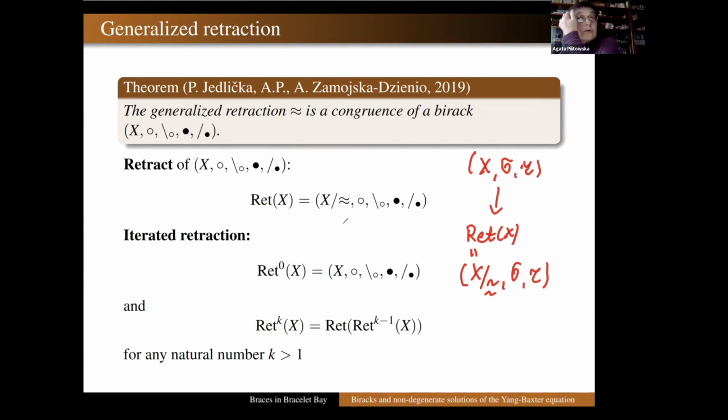Similarly, as for the classical case of involutive solutions, we can define iterated retraction in the natural way. Okay.